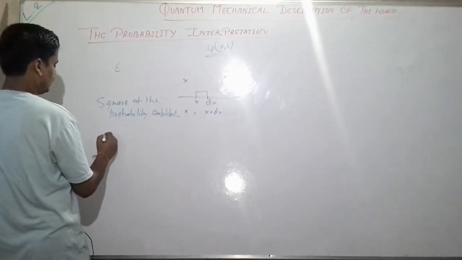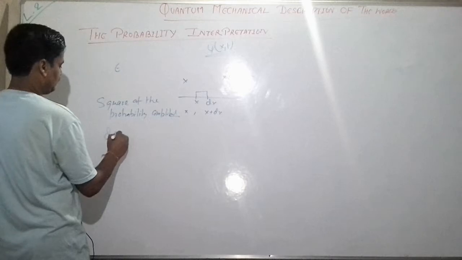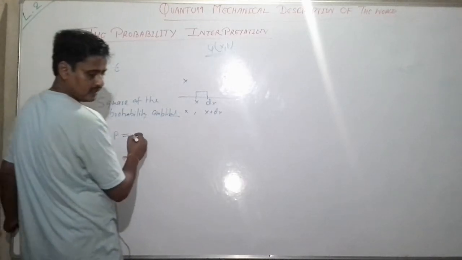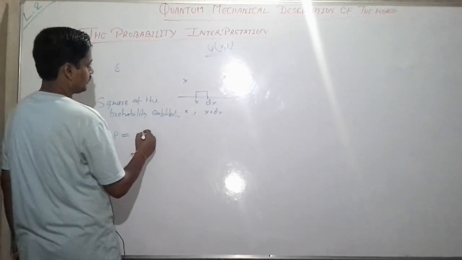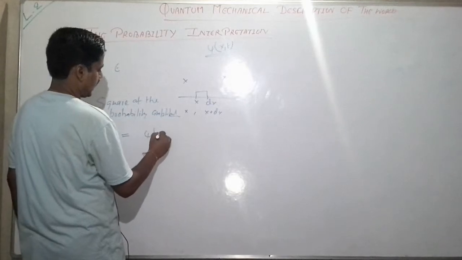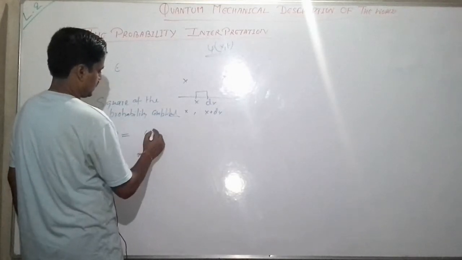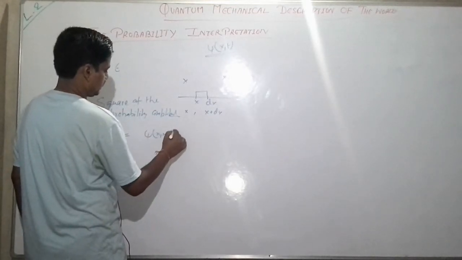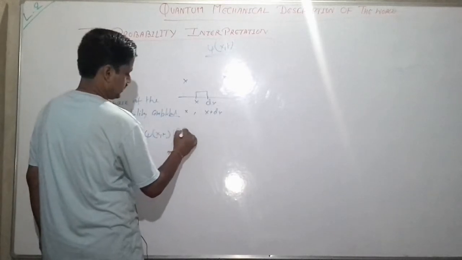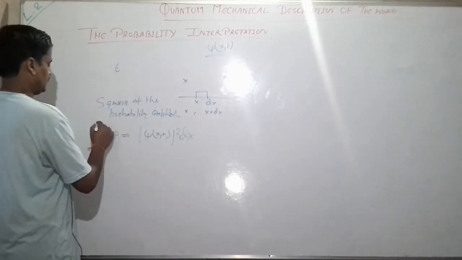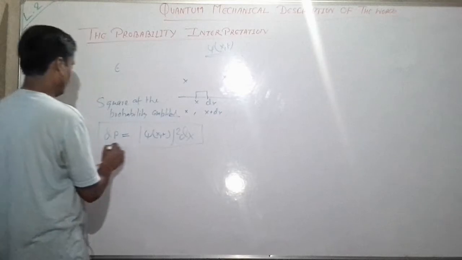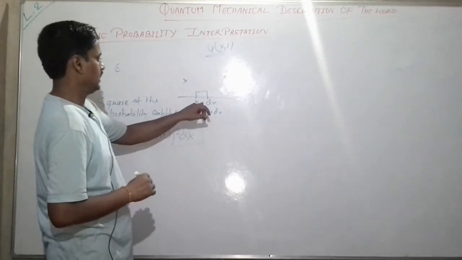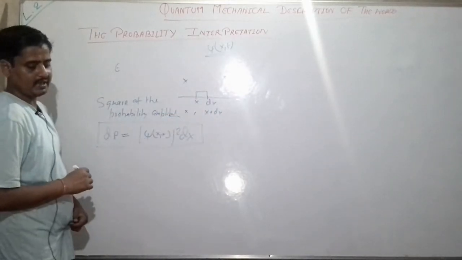If we write the probability as dP, then dP is equal to |psi(x,t)|^2 dx. This is the probability of finding a subatomic particle within the limit dx.